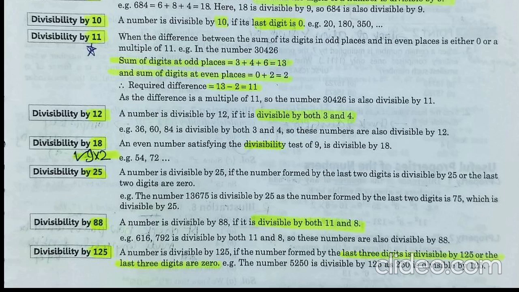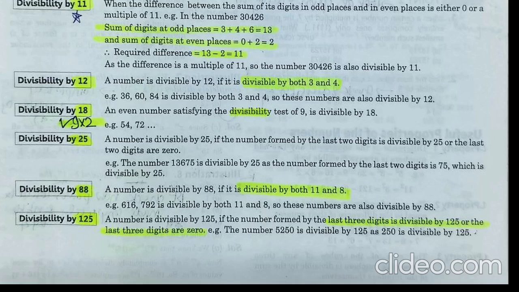We will check the divisibility by 2, 3, 4, 5, 6, 7, and so on till 125. So the main divisibility rules that we need to focus upon are 3, 7 and 11. We will see why it is important, because these are the only areas that are really confusing.